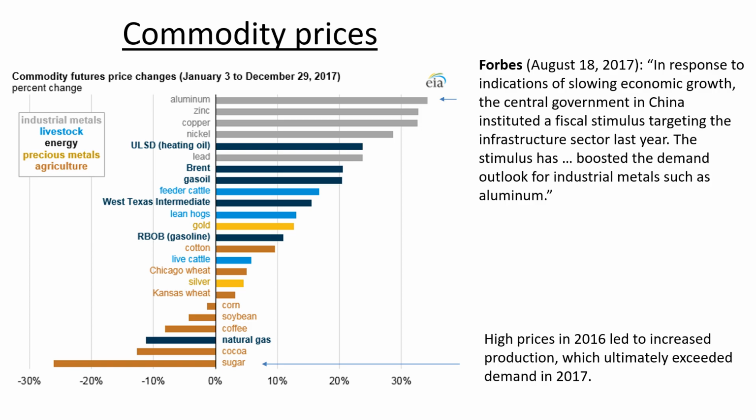Like there was economic growth slowing down in China. The federal government there lowered interest rates, encouraged new construction, kind of had some policies that boosted the demand for industrial metals like aluminum, and the price went up by 30%.